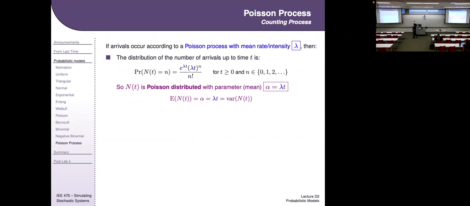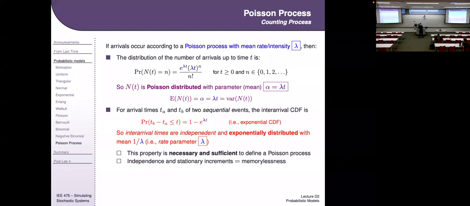If we take the t that we're looking at and multiply it by the lambda, we get the parameter alpha, which will be the parameter for a Poisson random variable. We can plug that in and we would get the count. We get a discrete distribution, a distribution of counts that have occurred since time 0. So that's why it's called a Poisson process: each random variable is a Poisson random variable, but it's a collection of them together, and that's why they're a process.